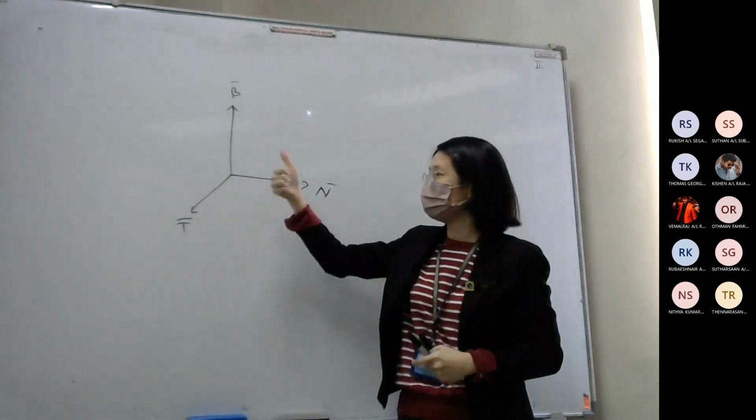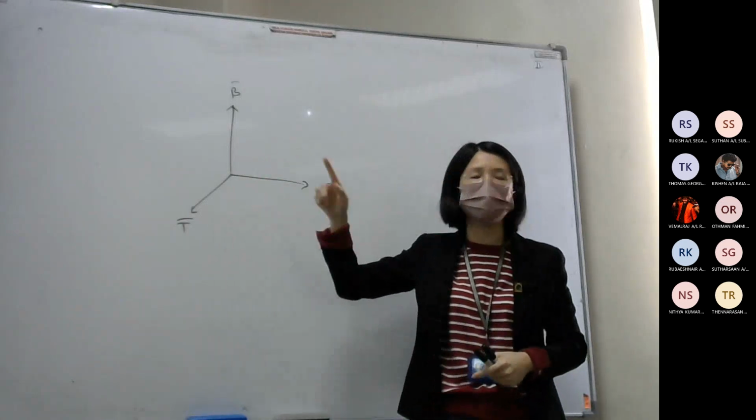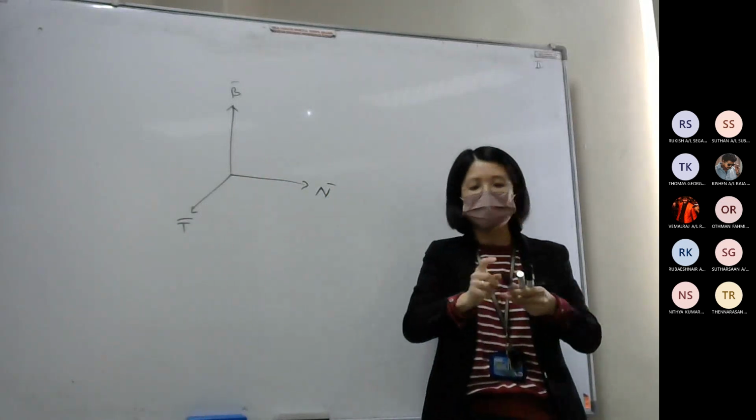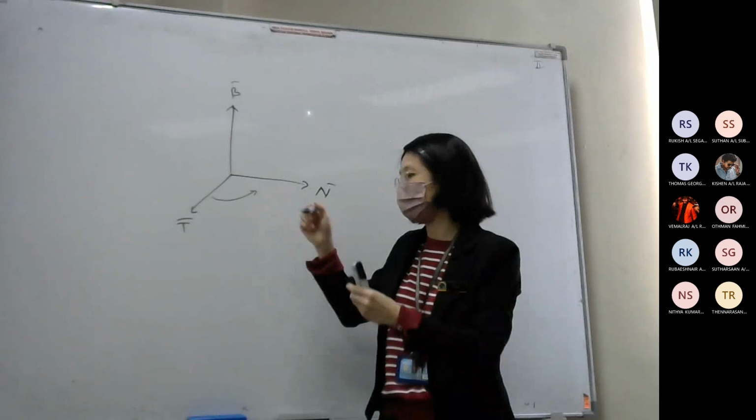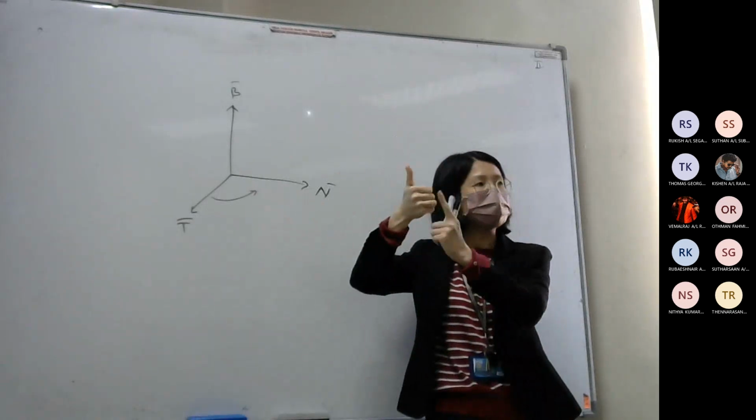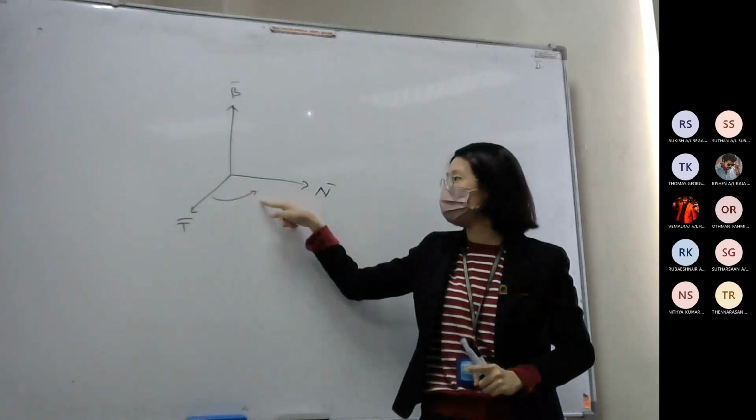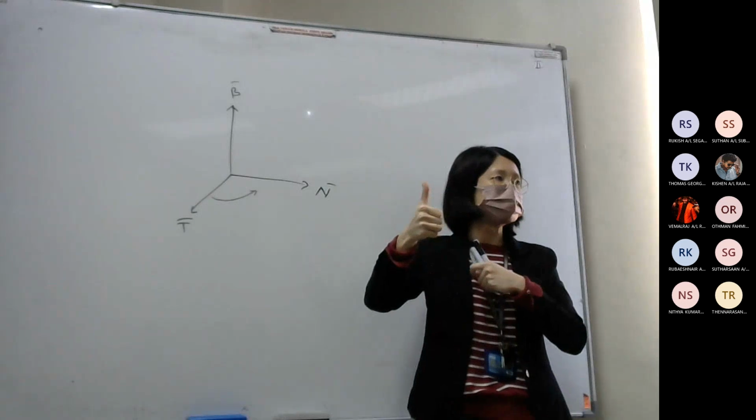So if you look at this direction, T goes to N. This is the direction that follows the right-hand thumb rule, so your B points upward.